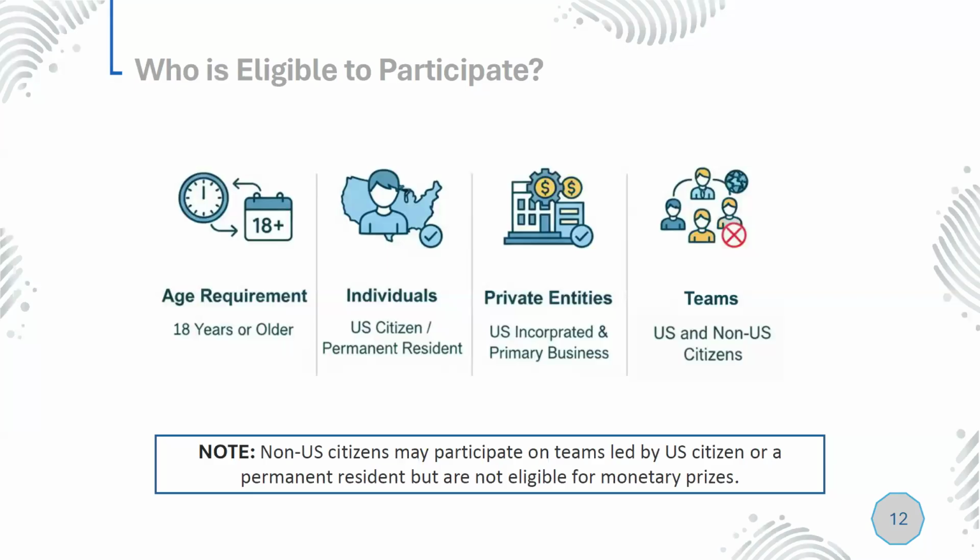Teams, on the other hand, can be comprised of US and non-US citizens. However, the team must be led by a US citizen or a permanent resident. So non-US citizens and permanent residents are not eligible to win the monetary prize, but they are allowed to participate as members of a winning team and will be recognized when results are announced.